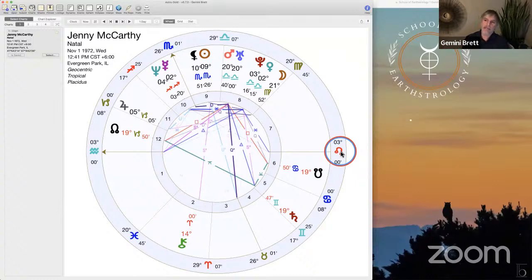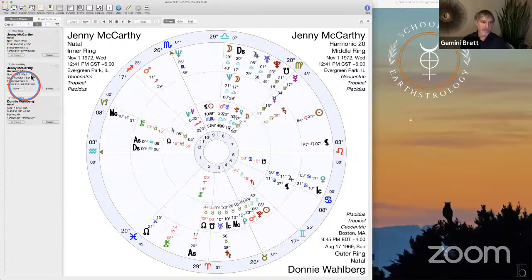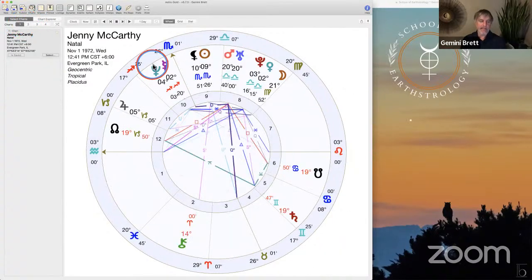Now, some will say a second husband, and Donnie Wahlberg is Jenny McCarthy's second husband, will instead of being represented by the Lord of the seventh, be represented by the Lord of the ninth. I might not even go to Donnie Wahlberg's chart today anyway.